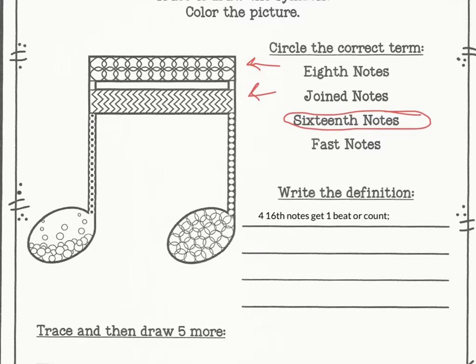The other way to write that is 2 16th notes here get half a beat. And 1 16th note is 1/4 of a beat.